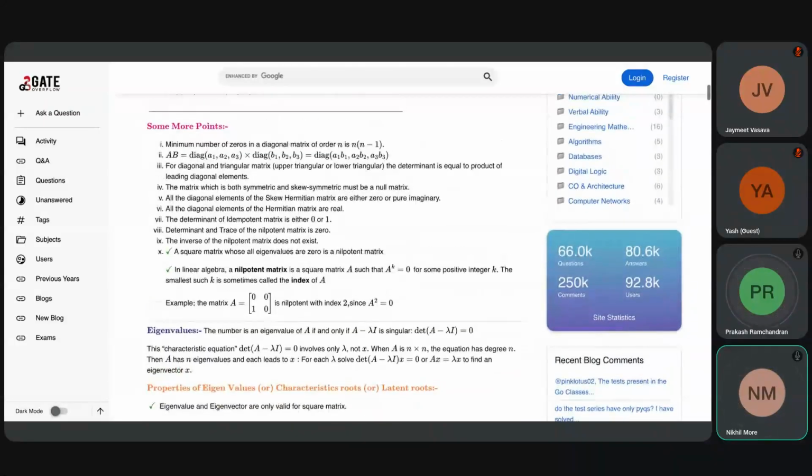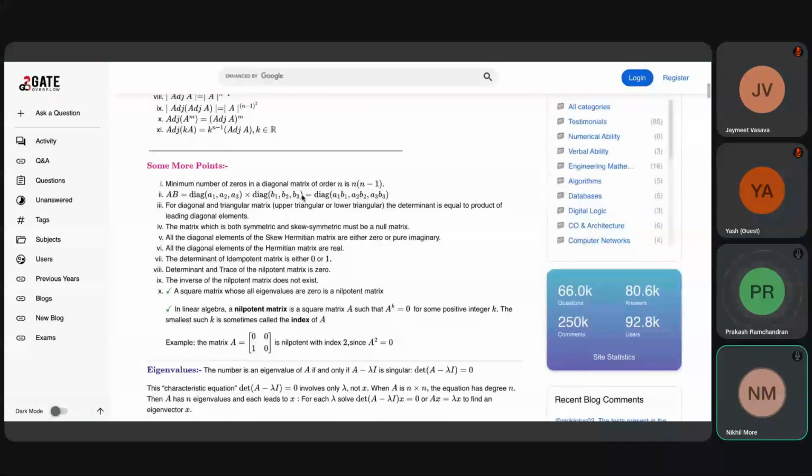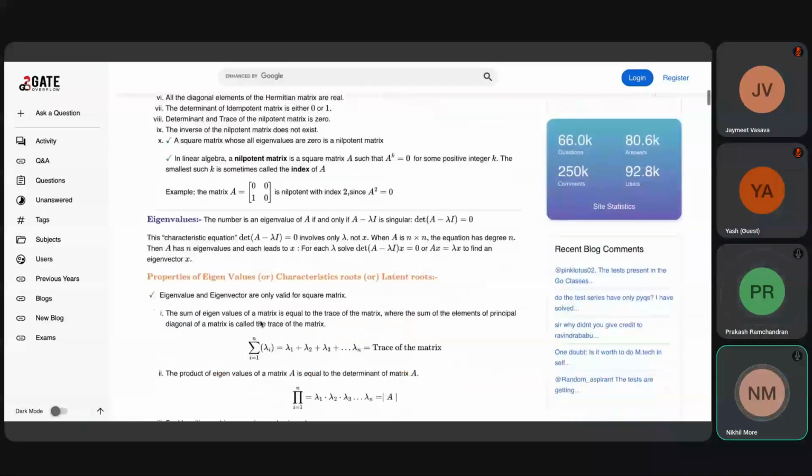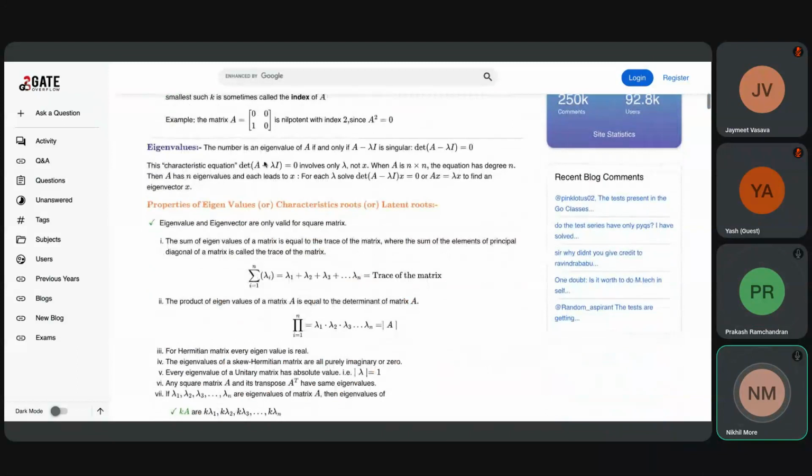Right. I think before we go to the mathematicals, we'll go to an important topic, that is eigenvalues and eigenvectors. Eigenvalue is denoted by lambda.